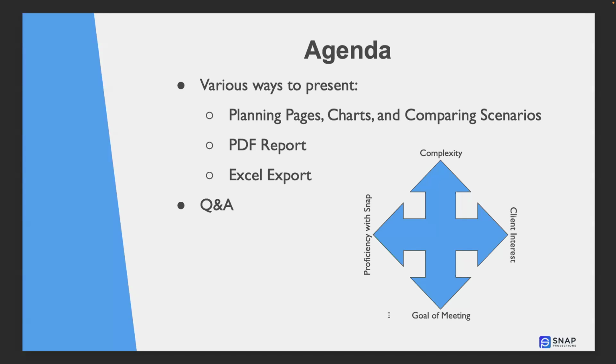The goal of the meeting, it might be specific to one thing, or it might be more holistic. And then just your comfort level with Snap itself, like how comfortable are you in presenting this? For example, can you make the changes on the planning pages and have your client with you? It can be pretty impactful on how quickly you can update Snap and see the results.